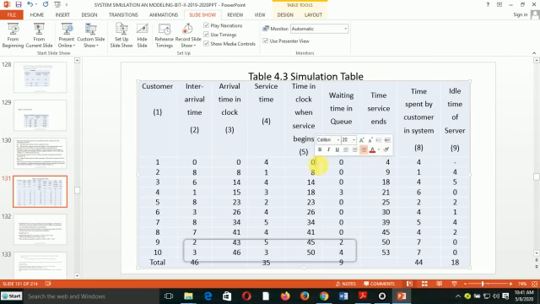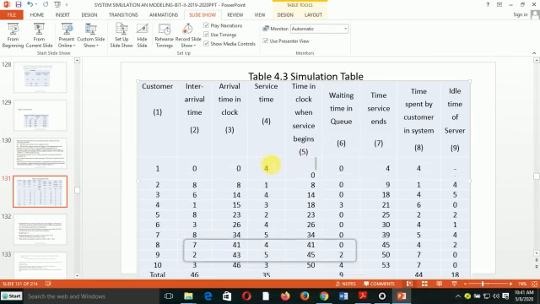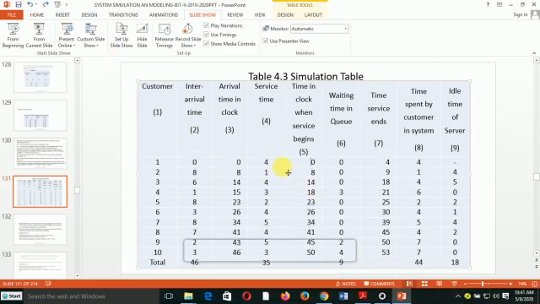I take the time when the service begins plus the service time, so I will know when the service will end.